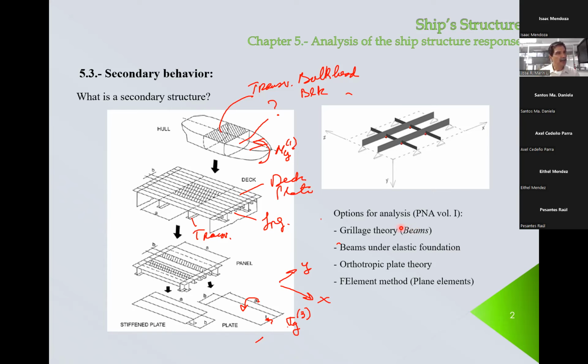What letter do we use in order to specify the plate stiffness? Anybody? Mr. Chin Chin, do you remember what letter we use? Mr. Chin Chin? Come on. You forgot.